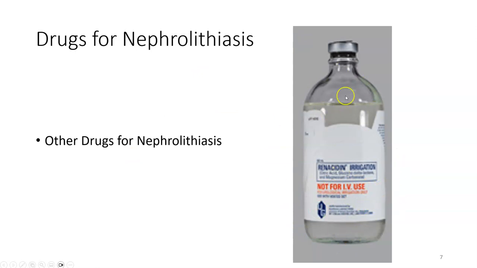So they're going to use a catheter to flush it through. The magnesium replaces the calcium in the kidney stone, and then it dissolves in the acidic pH environment created by the citric acid. And what's left over is broken down and can easily pass in the urine.